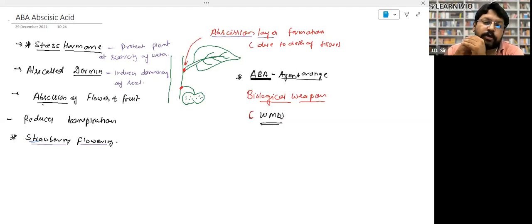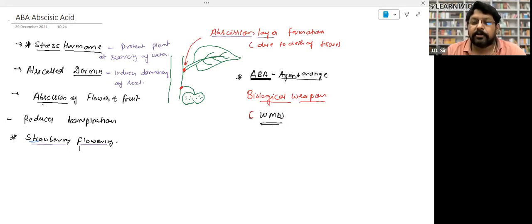Why? It protects the plant at the time of scarcity of water. How does it protect? Why does a plant die at high temperature or extreme sun? If the temperature is high, the rate of transpiration will increase.